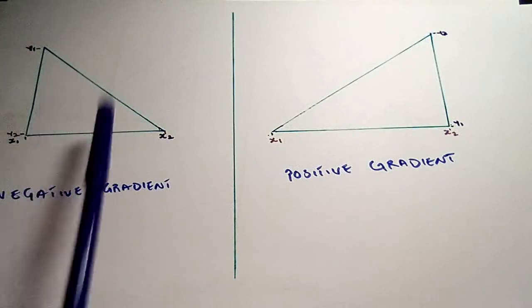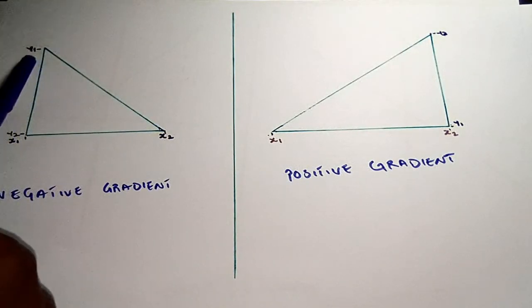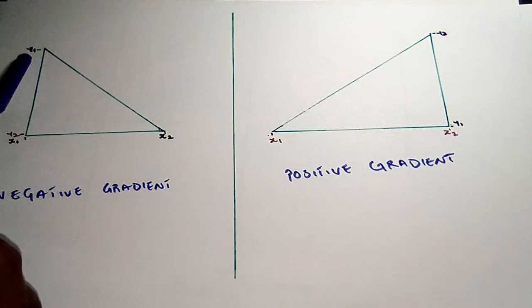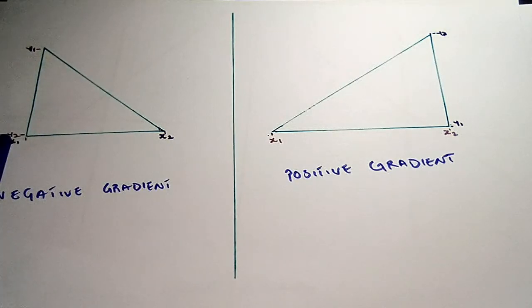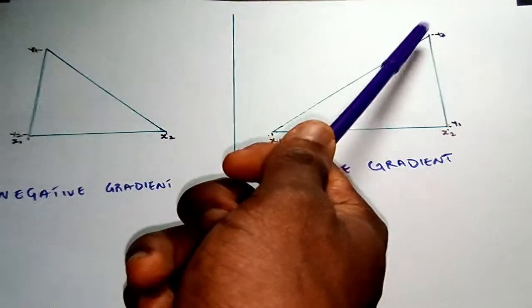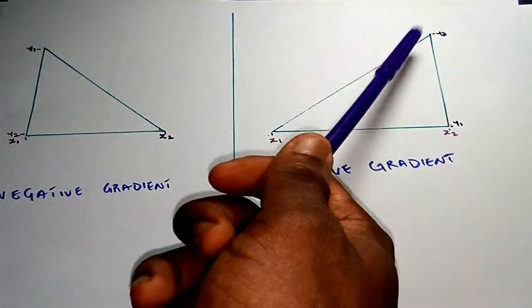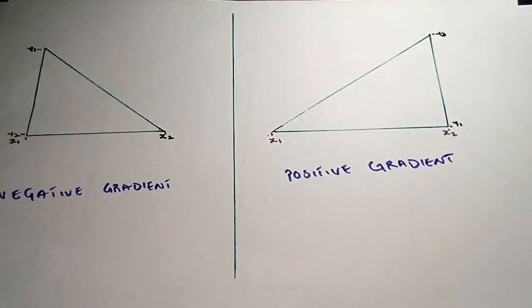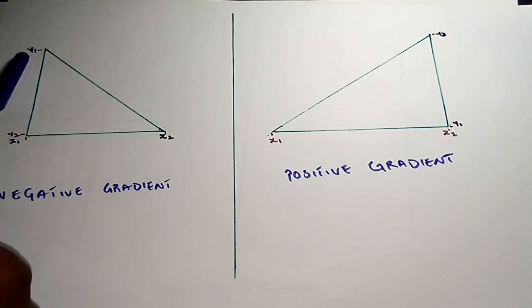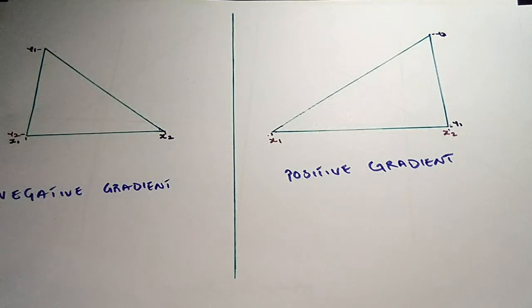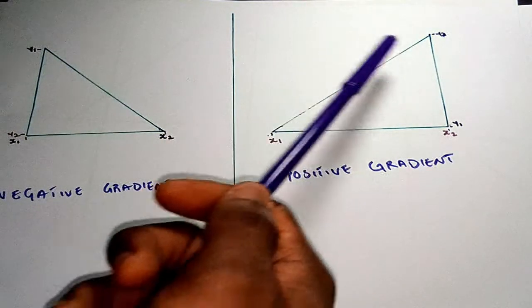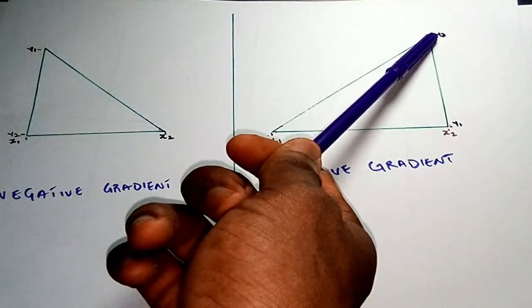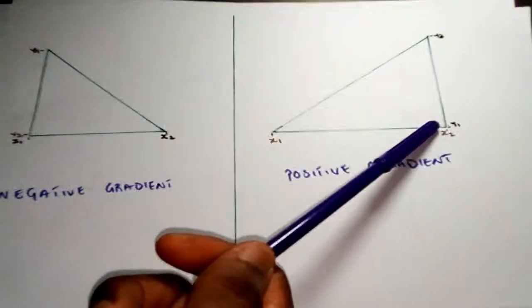For the negative gradient, the position of y1 and y2 is different from the position of y2 and y1 on the positive gradient. On the positive gradient, you have y2 up and y1 down.